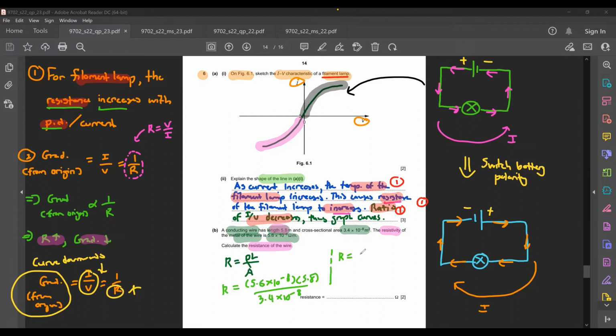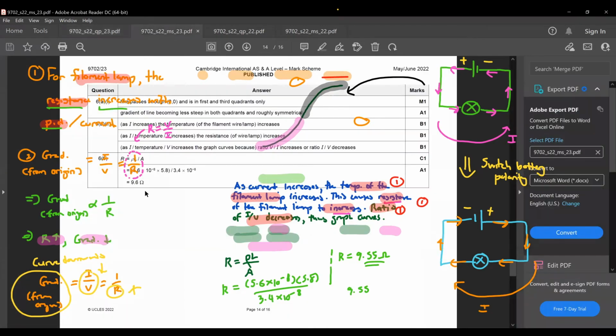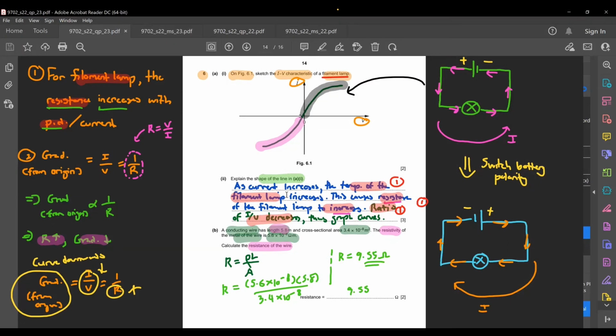You will get the answer is 9.55 ohms. All right. So again, let's check with the answer. Yes, round it up to 2 SF, it will be 9.6 ohm. Okay. So that's for this particular question. Then I move on to the next one. So I'll clear off the screen here.